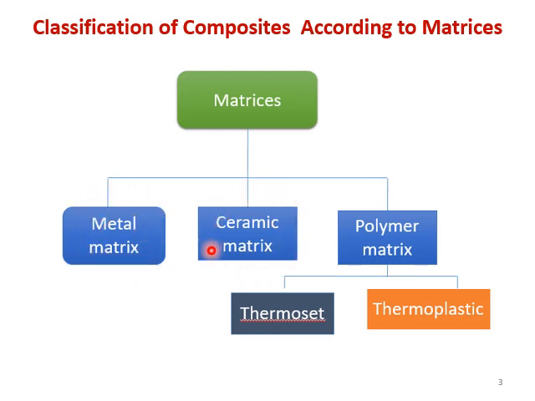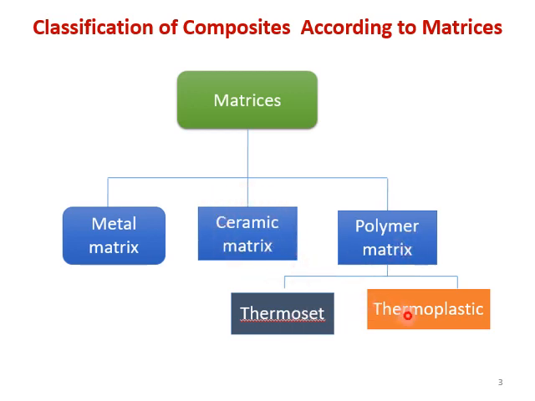Similarly, for ceramic matrix, we will be seeing what different kinds of ceramic matrices are used in composites, what are the reinforcements for the ceramic matrices, or what fibers are suitable for reinforcement in the ceramic matrices, and why a ceramic matrix is to be reinforced. And then we will also be looking into the advantages and disadvantages of ceramic matrix.